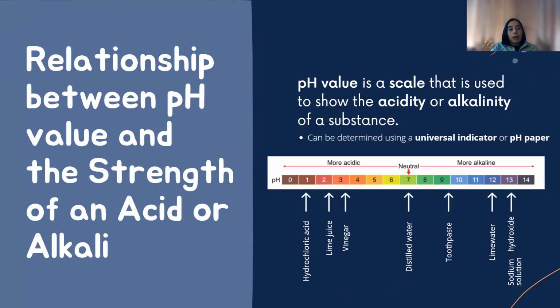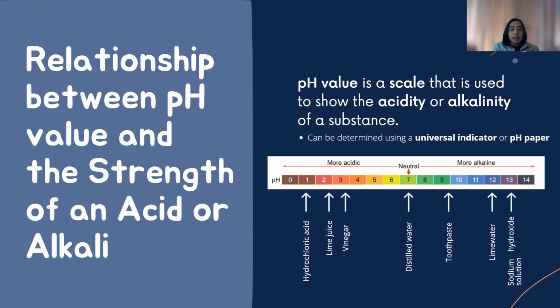So the pH value is basically a scale that we can use to determine the acidity or alkalinity of a substance. The lower the pH value, we can say that it is more acidic, while the higher the pH value, we can say that it is more alkaline.